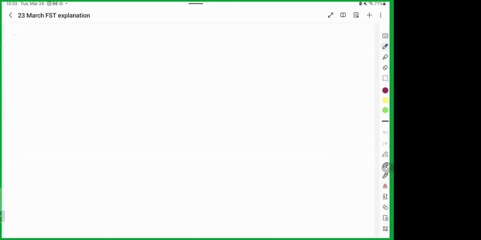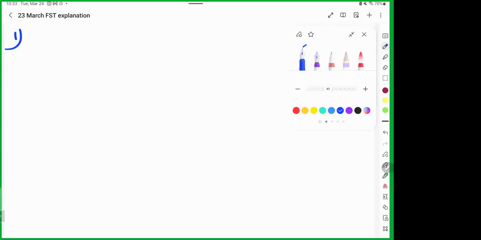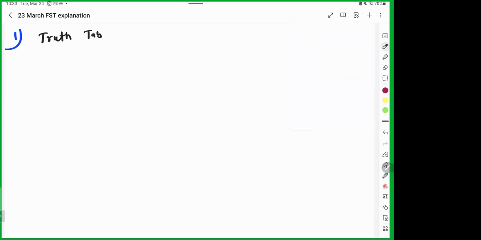First, question number one. We are talking about truth tables. There are four types of truth table. In case of the NOT gate, which looks like this, or this, or this, wherever you have only one input, it will be NOT gate.